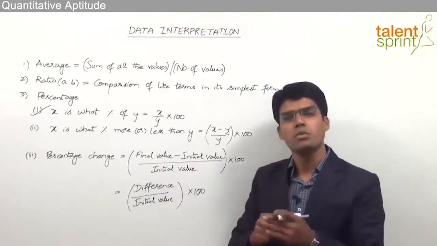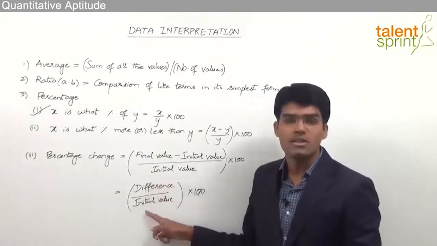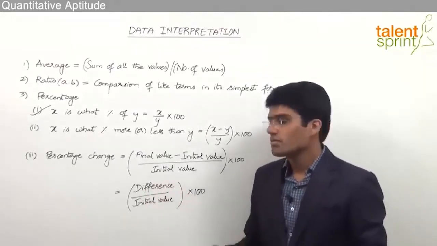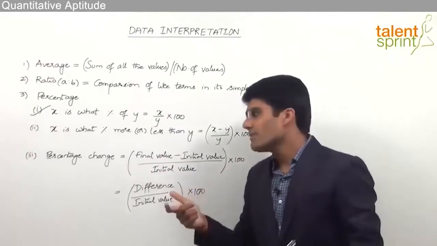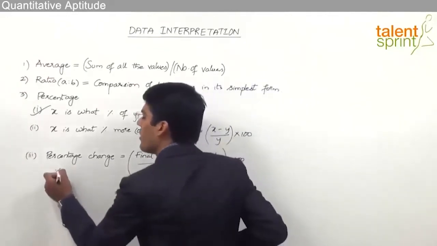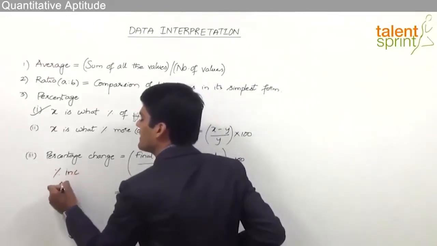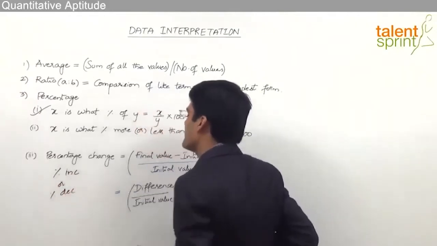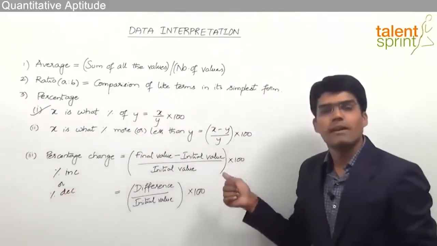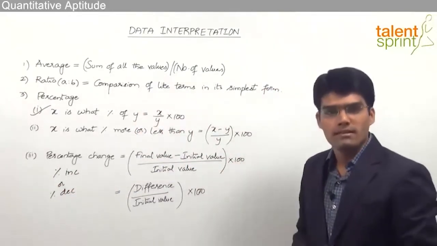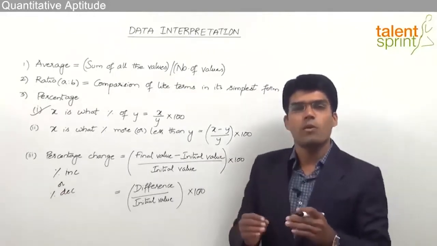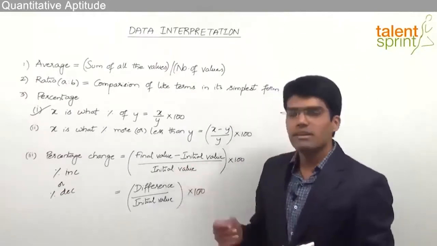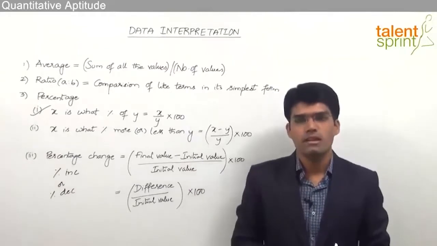Or the difference between those two profits divided by the initial value into 100. So this is how percentage change, which can be either a percentage increase or a percentage decrease, can always be taken as final value minus initial value by initial value into 100.